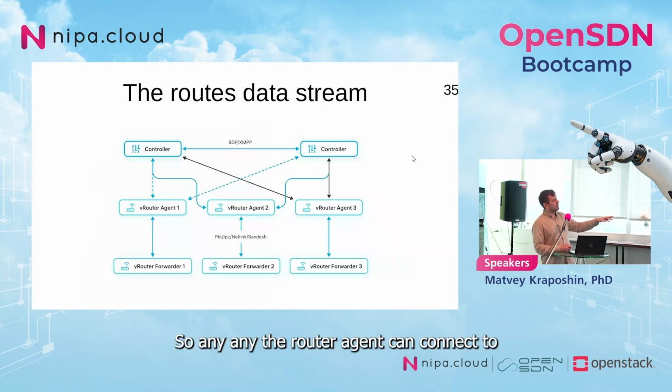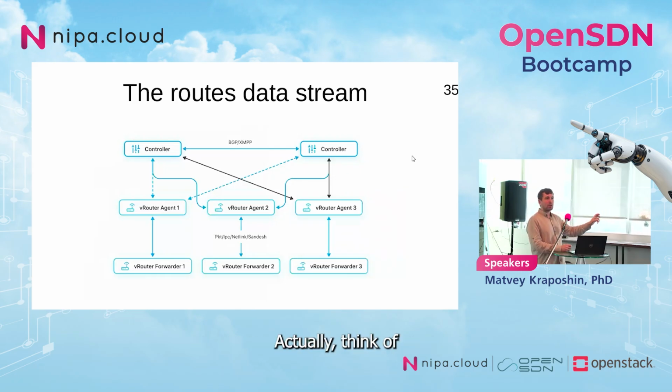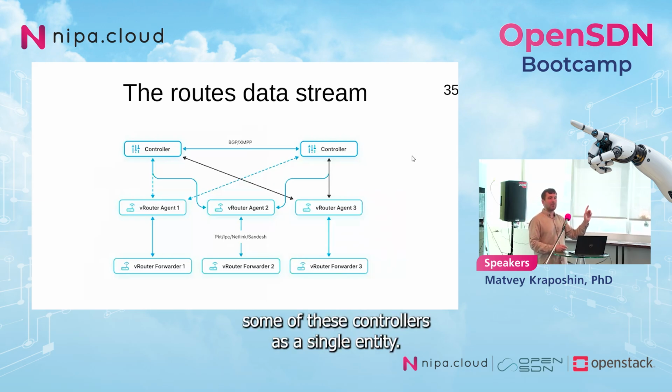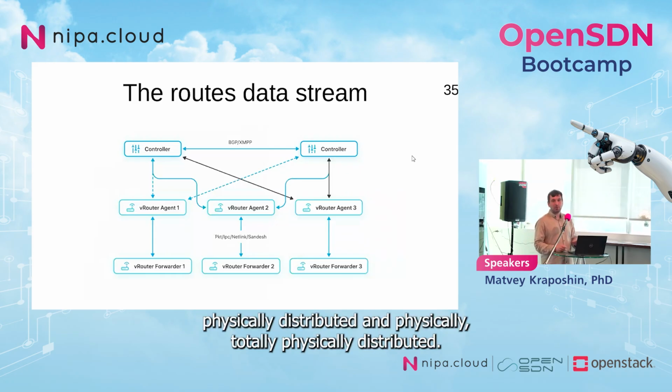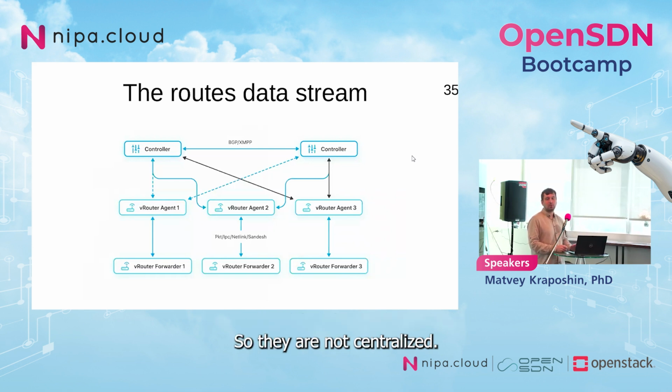So any router agent connected to two controllers actually thinks of these controllers as a single entity. And the router agents are totally physically distributed, so they are not centralized.